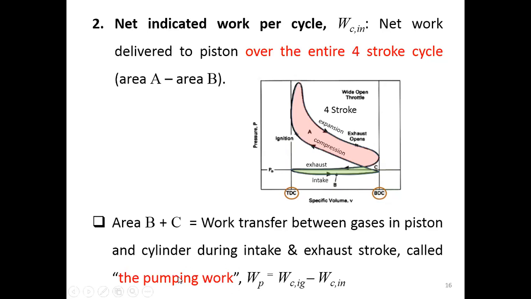Remember the pumping work: pumping in for the intake, pumping out for the exhaust. Overall, we call it the pumping work, and it can be calculated from the gross indicated work per cycle minus the net indicated work per cycle. The difference between these two represents the amount of pumping work, the work that we need to pump the gas in and out.